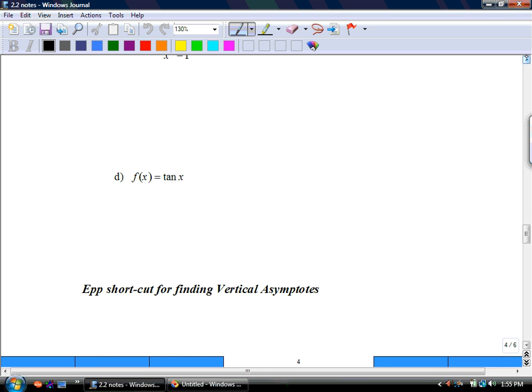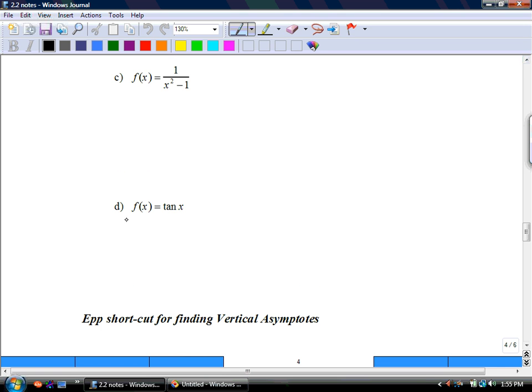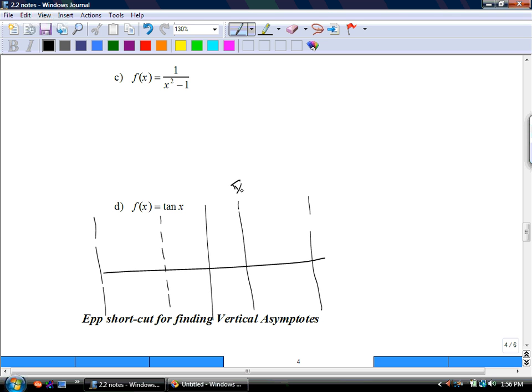So y equals tan x. When you graph tan, it looks like this.